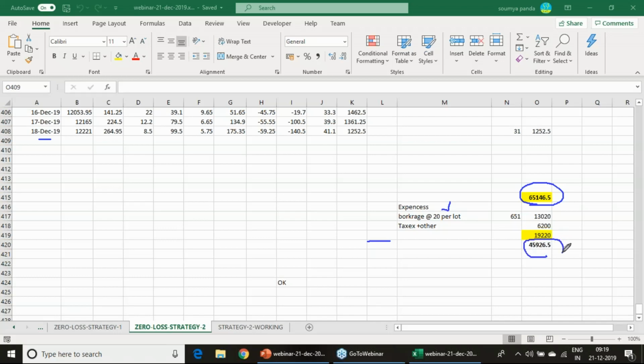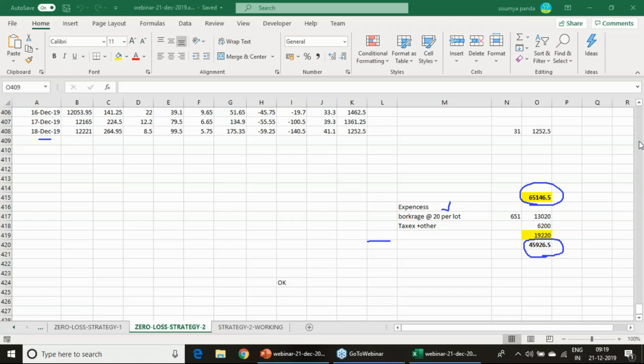So 45,926 rupees it has given so far till December. For exactly a 1 year period, post expenses, it gives you 15%. Post expenses, a very conservative strategy.